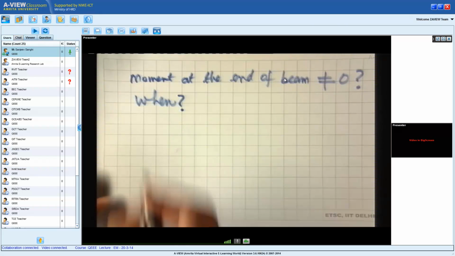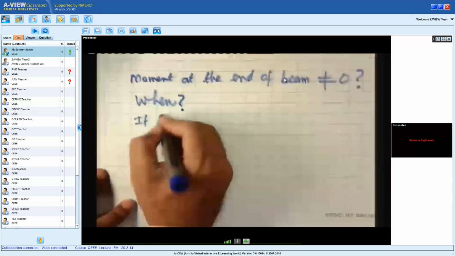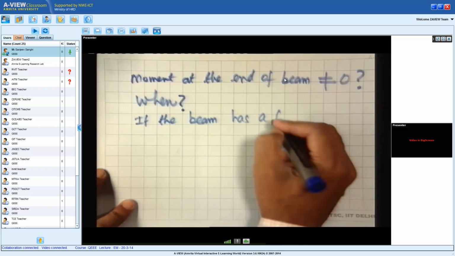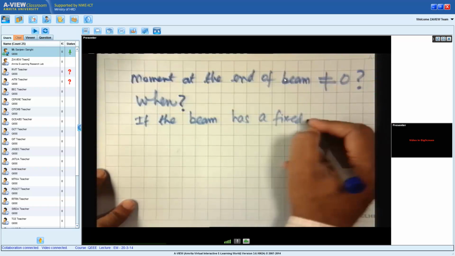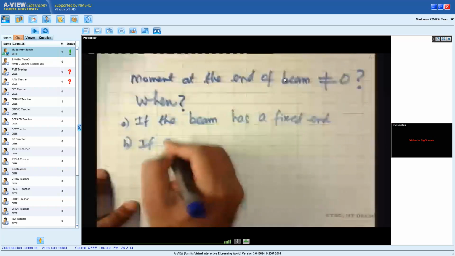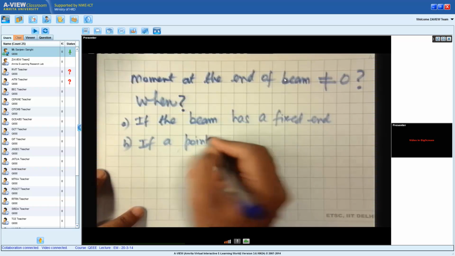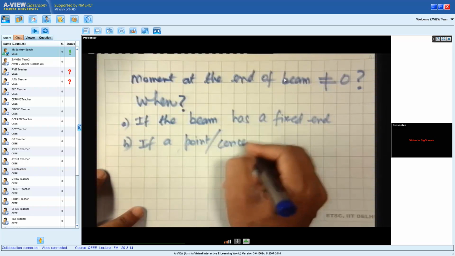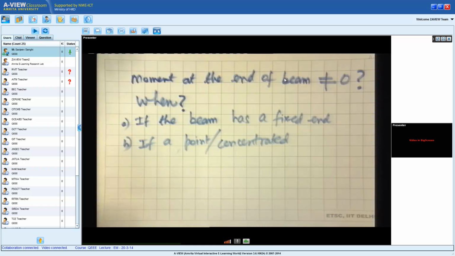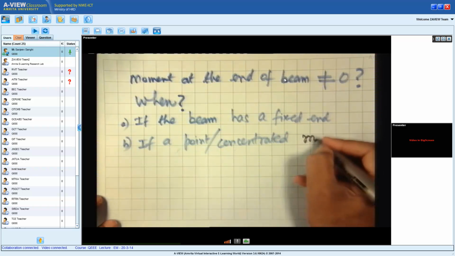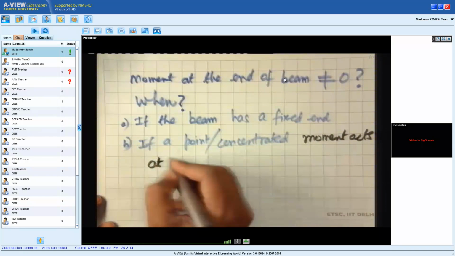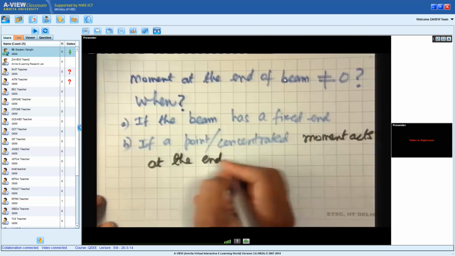And the answer is, if the beam has a fixed end, or if a point or concentrated moment acts at the end. Actually both of these are identical.